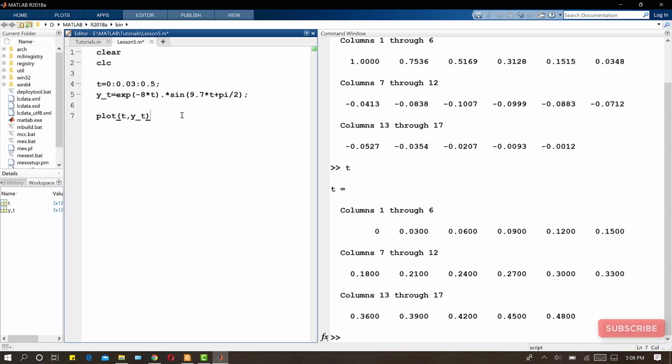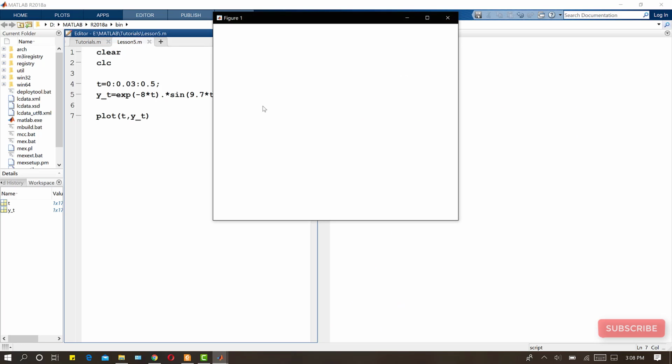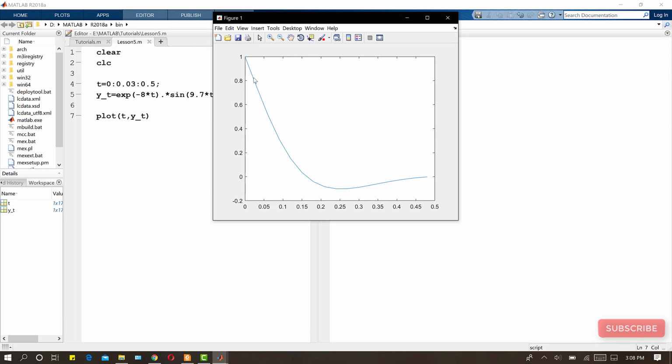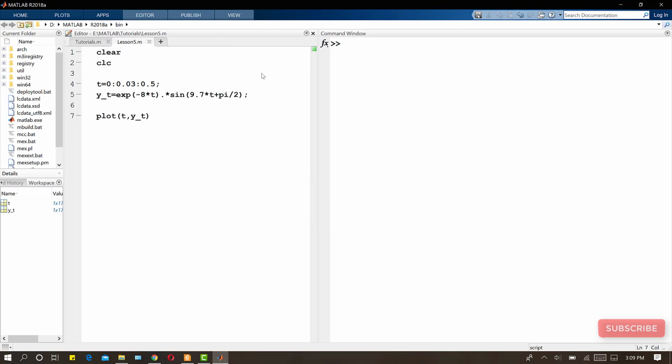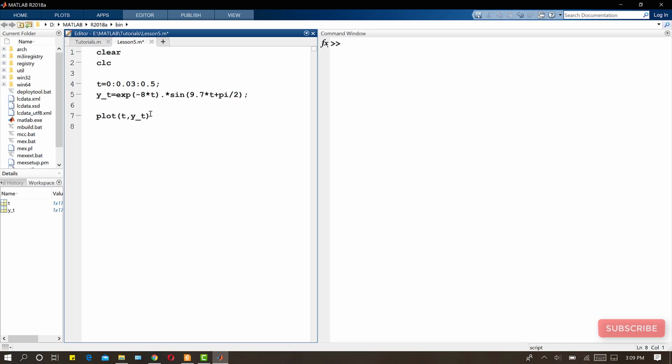Again, if I execute this script file by pressing F5, we see that the graph is plotted, with y of t plotted against t. But there is no x-axis label and no y-axis label, so we need to put labels as well. How to put labels? I will write xlabel and then the string, the characters that I want along the x-axis.